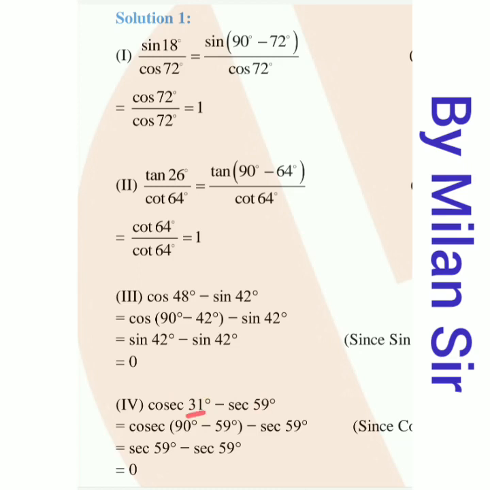So in place of 31, I can write cosec 90 minus 59, and the second term as it is, sec 59. The formula is cosec 90 minus theta is equal to sec theta. So my answer is sec 59 and the second term as it is, minus sec 59. So sec 59 minus sec 59 is equal to 0.